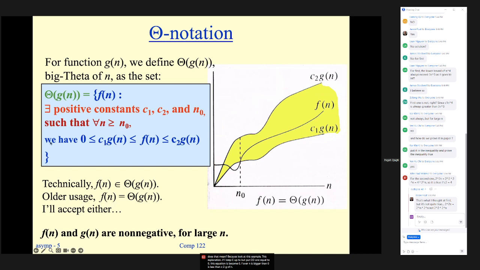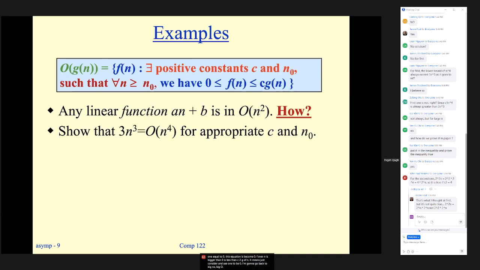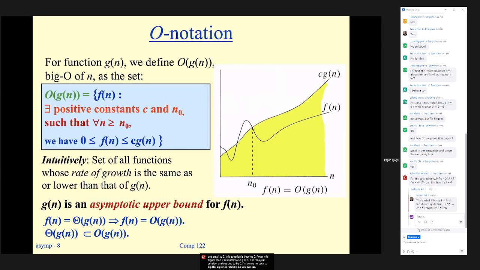Just considering c1 to be 0, I go back to big O notation. I put c2 equal to c and c1 equal to 0. So if I have theta of g of n, I have O of g of n, because I just change c1 to be 0 and c2 to be c.